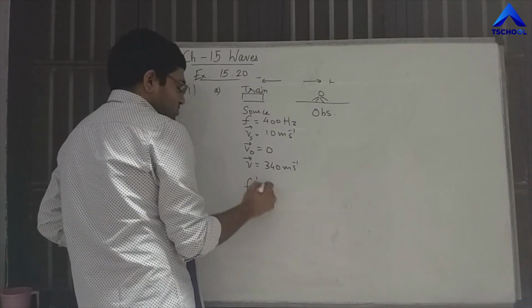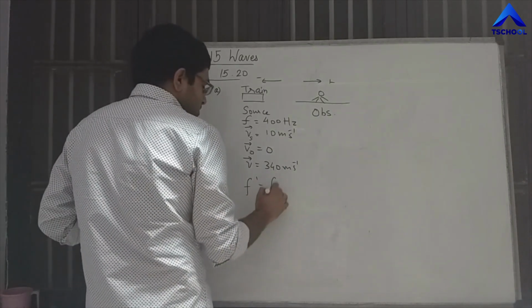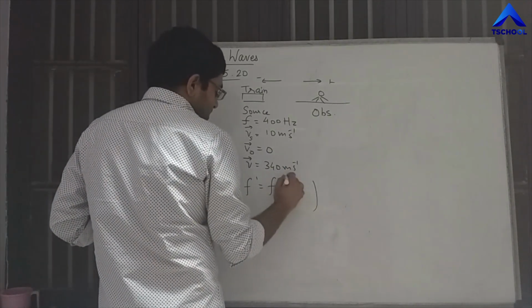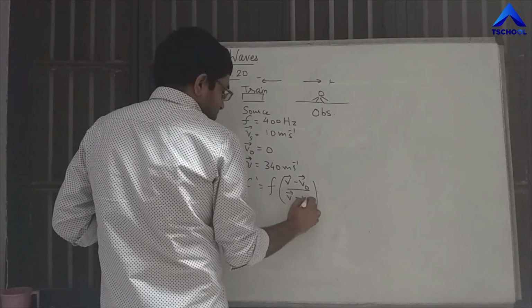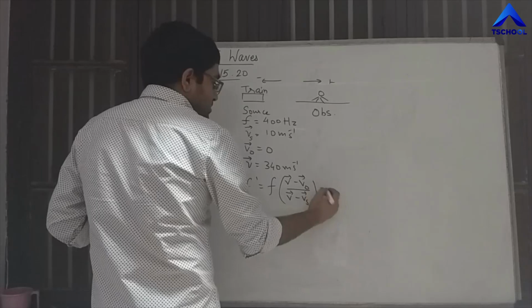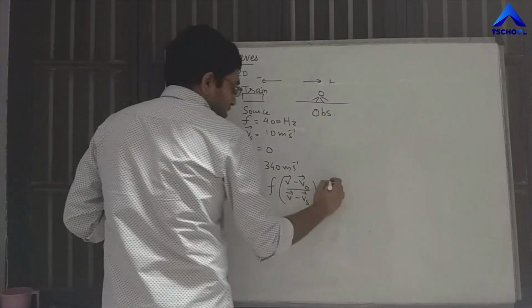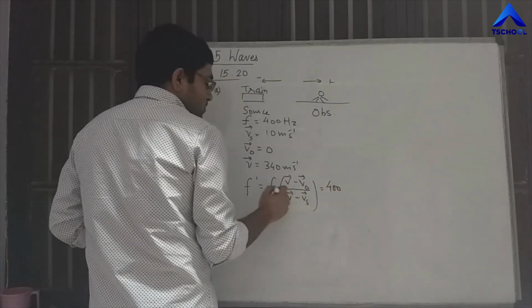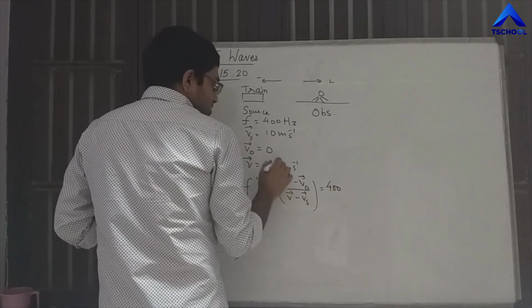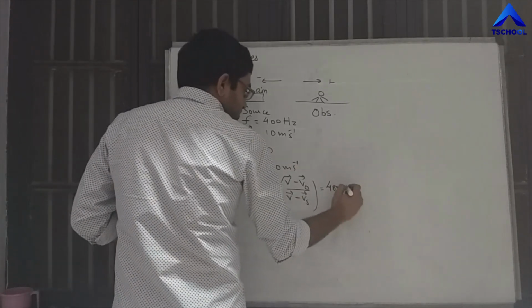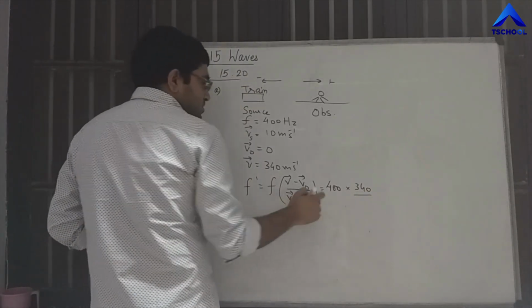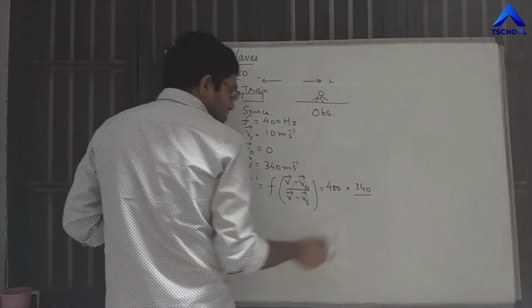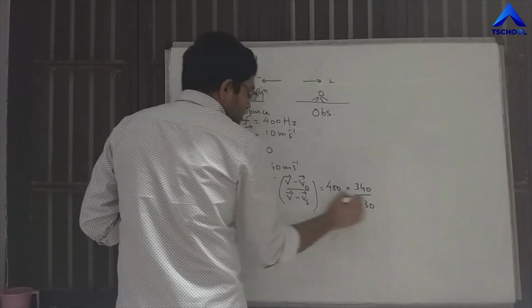So obviously the Doppler effect formula, F dash is equal to F into (V vector minus VO vector) upon (V vector minus Vs vector). Well, we are going to put all the values because we have all of these. So 400 Hz, V vector is 340 minus 0, no need to write it, divided by 340 minus 10, so that is going to be 330.